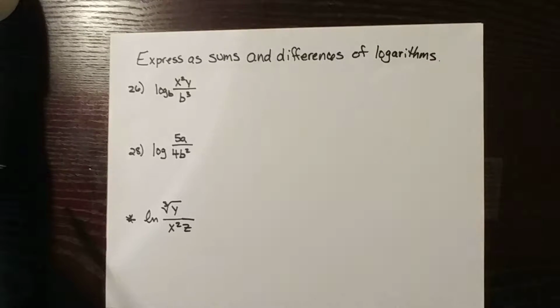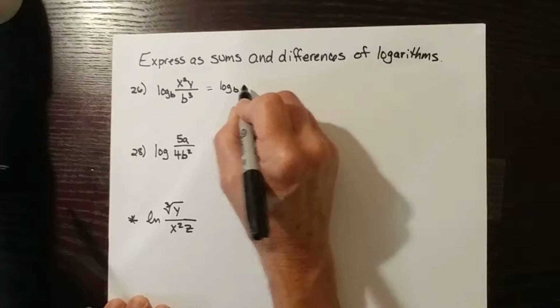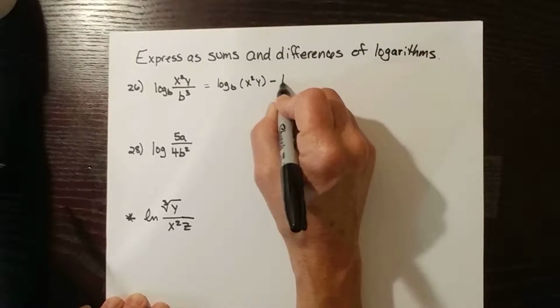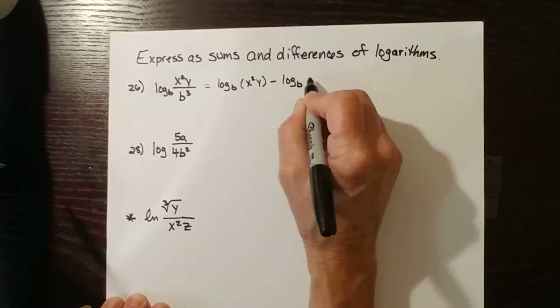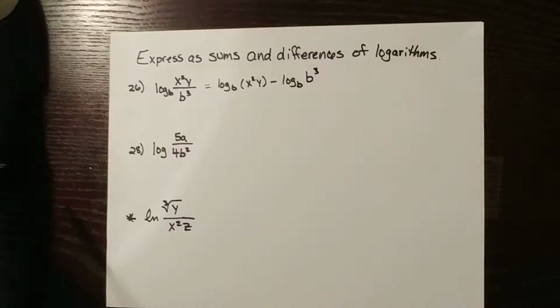the denominator. And first, I'm going to write that as the difference of two logarithms. So this is equal to log base b of the numerator, x squared times y, minus log base b of b to the third, the denominator. And so now I'm going to see what I can do to simplify this further.